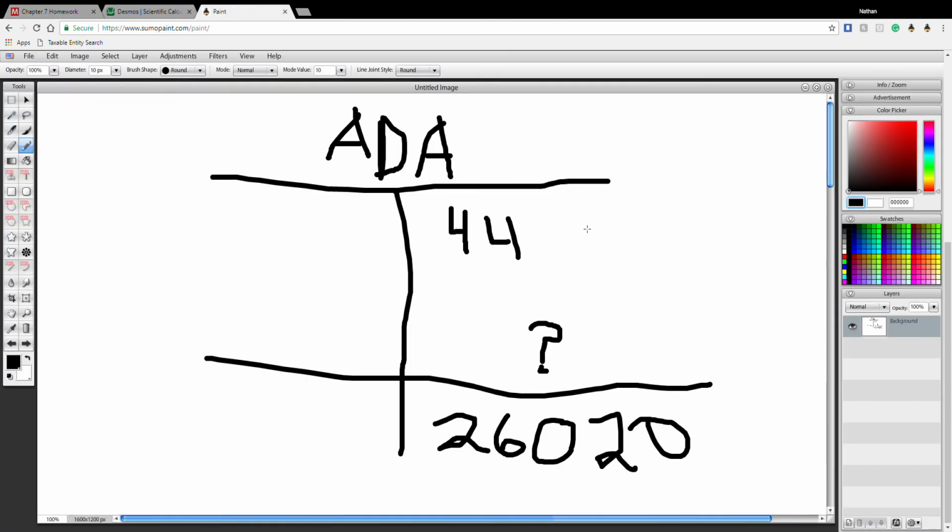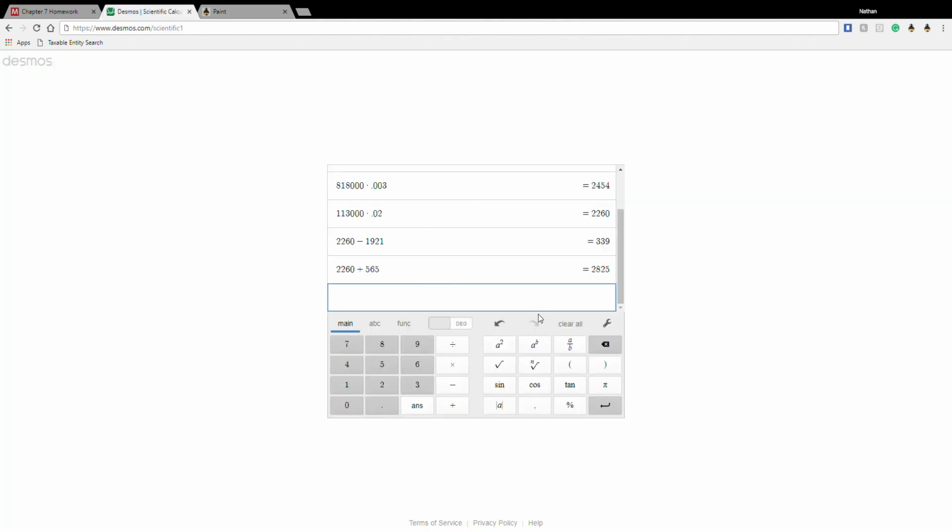So again, I'm going to be looking for the missing credit. If it's on the credit side on your T-chart and we already know the balance, it's just subtraction going on here. So 26,020 minus 4,400 says that we have to make an adjustment of 21,620.